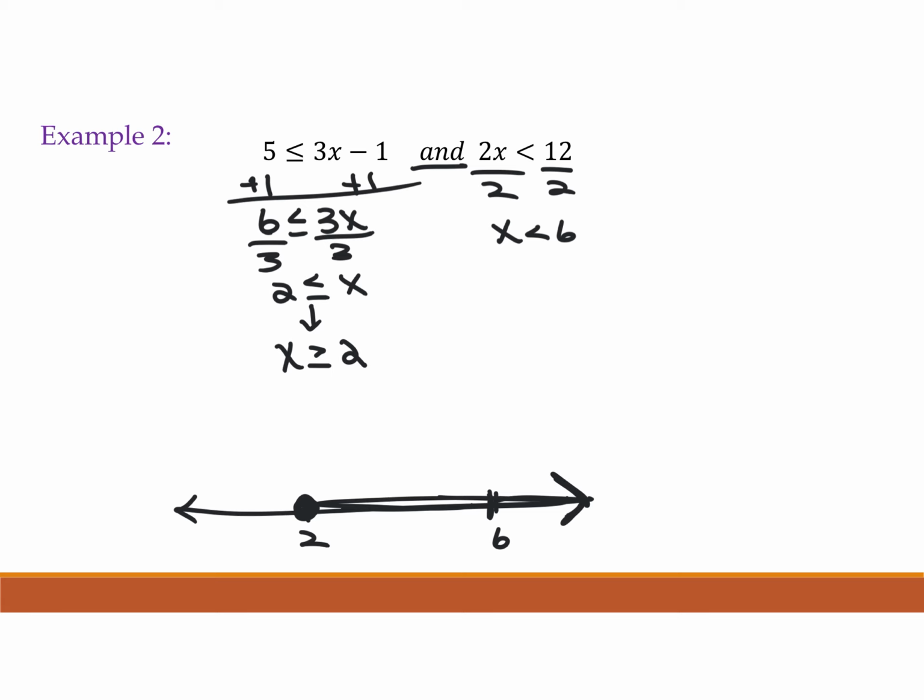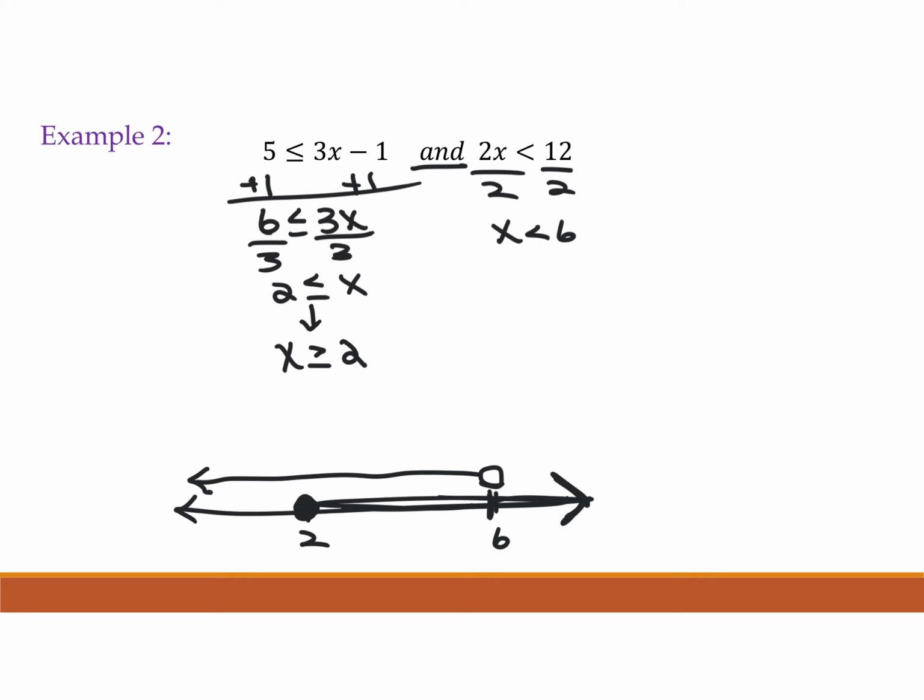When I graph the second part of an and compound inequality, I'm not going to graph it directly on the number line. I'm going to graph it a little bit above. This is x is less than 6, which would be an open circle and shade to the left.